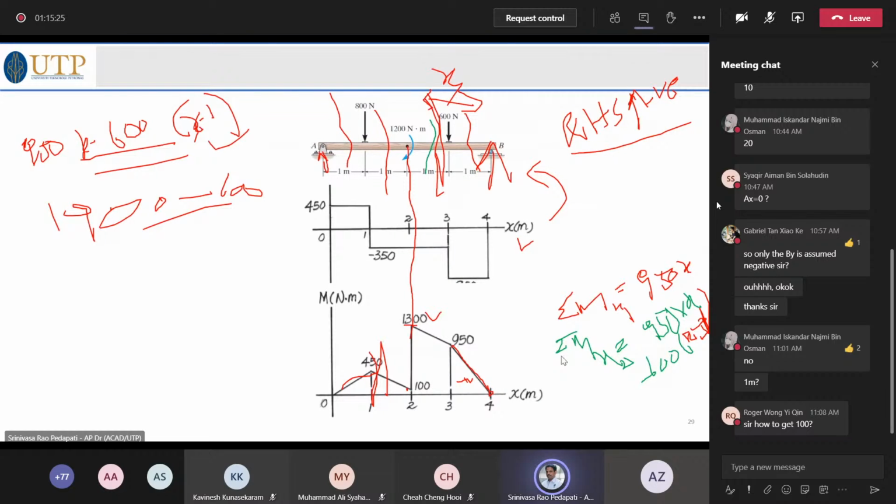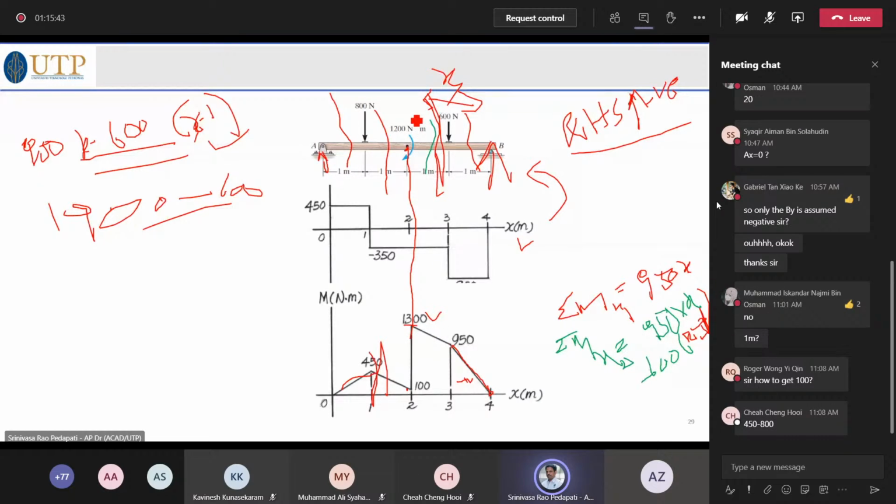How to get 100? If you substitute at this point, what is happening? 1300 is the value obtained. You take the section of left or right and you get it.